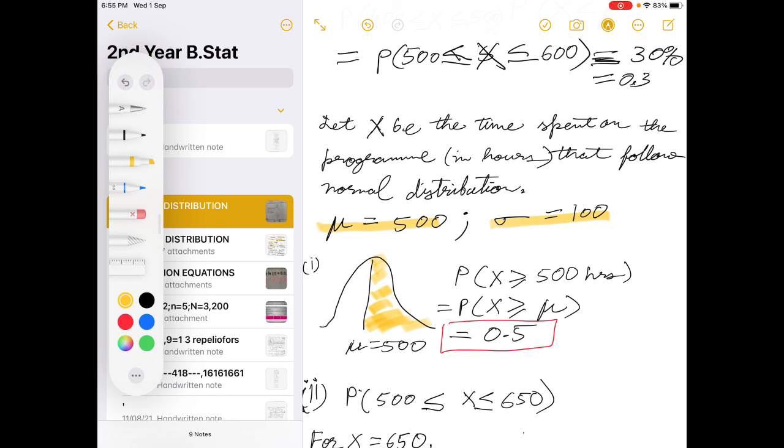As I already mentioned, this includes all the hours which are greater than 500 hours, so the total right side of the mean is equal to 0.5. So the probability of any value being greater than 500 is equal to 0.5. So there is a 50% probability that a particular candidate will take more than 500 hours.